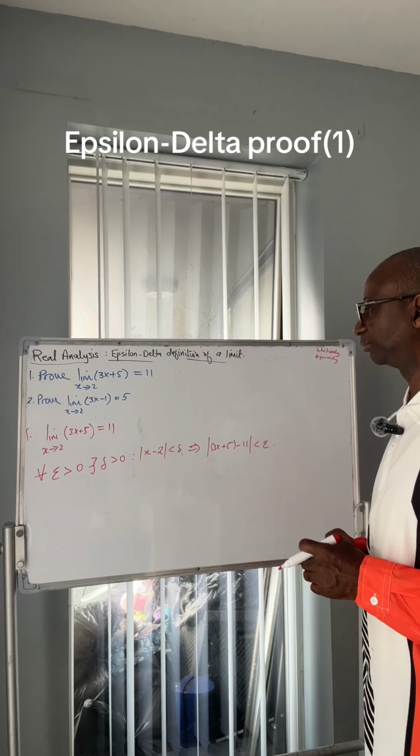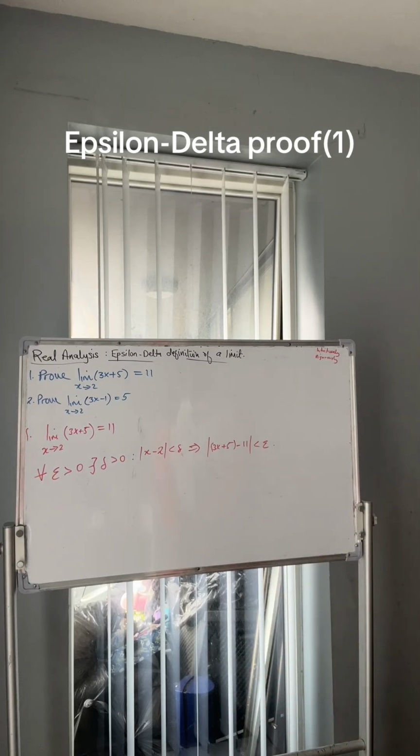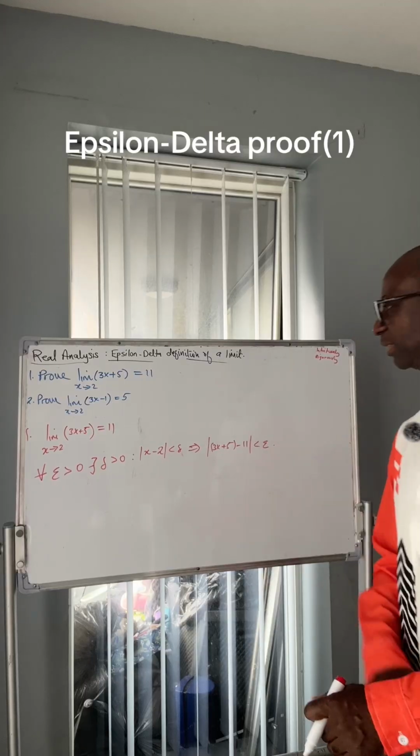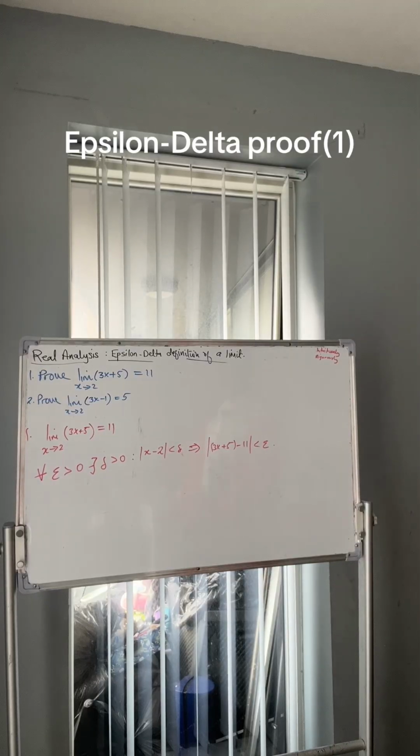So now let's carry on, let's carry on how we do it. You start with what you are given. We are given this, the absolute value of 3x plus 5 minus 11 less than epsilon.